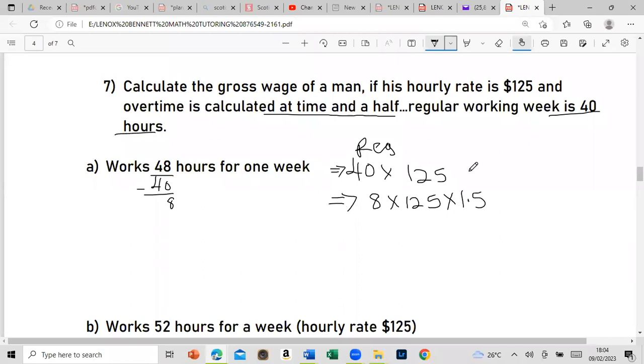I didn't realize that it was 48 hours. I was thinking it's 40 hours. So no, you can't just multiply it by 48 because the rates are different. So all we have to do now is work out 40 times 125. That should be 5,000.